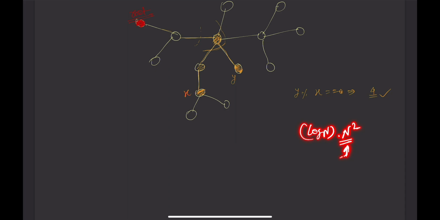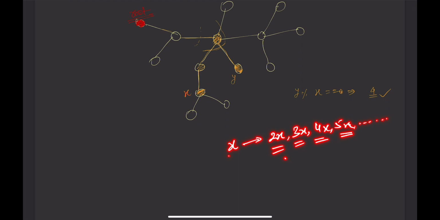So for every x I will iterate over every y and check y mod x is equal to 0, then only consider that pair. But what if for a given x, I try to go to 2x, 3x, 4x, 5x, that means all these values? I think it is like the prime sieve, same algorithm.